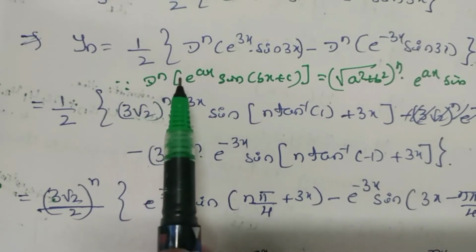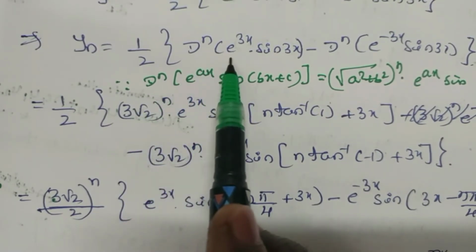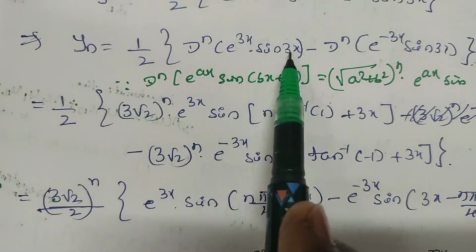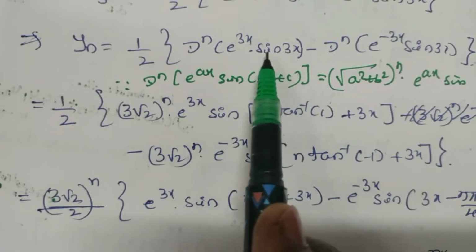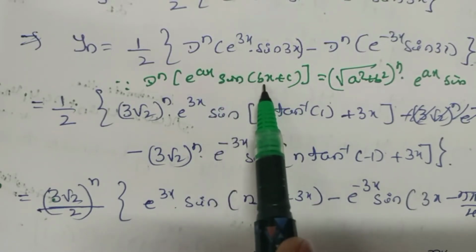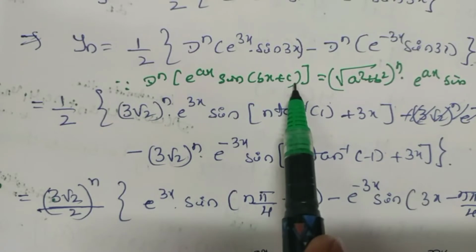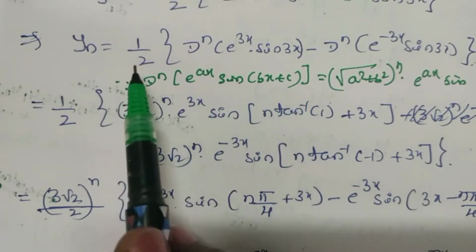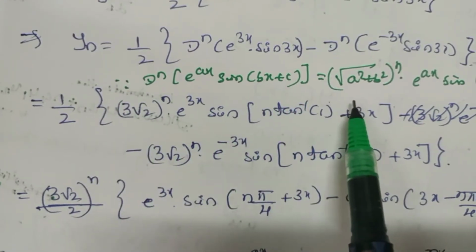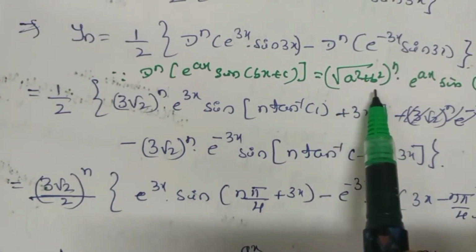So now here it is in the form of e raised to ax into sin(bx plus c). Here a is 3 and b is also 3, c is 0. You just use this formula: 1 by 2 as it is, under root of a square plus b square.